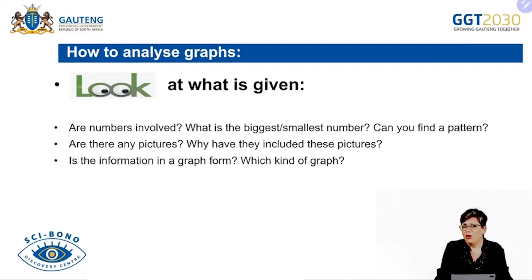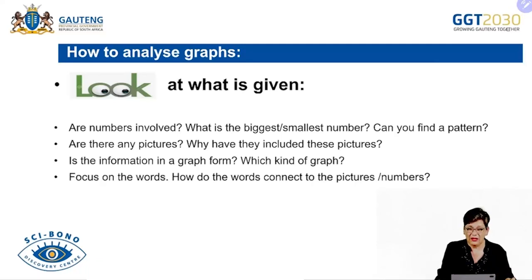Is it a bar graph? You know, where the bar's going up? Or is it in a circle? Whichever way, you need to look very carefully. Can you see? I haven't touched the questions as yet. I want you to first look at what you're given. That's the most important thing. Focus on the words.